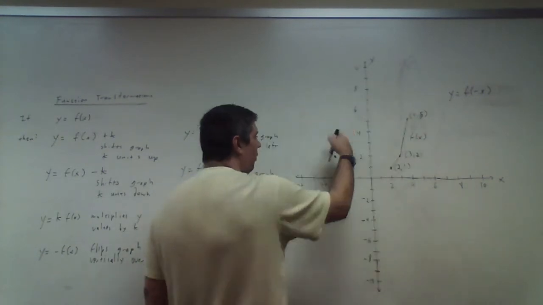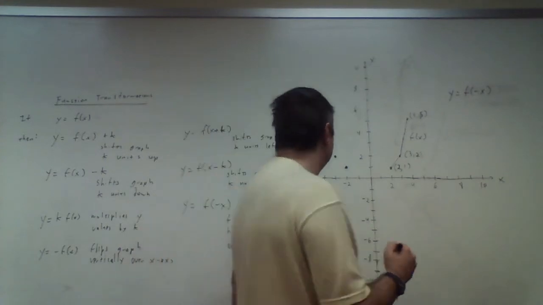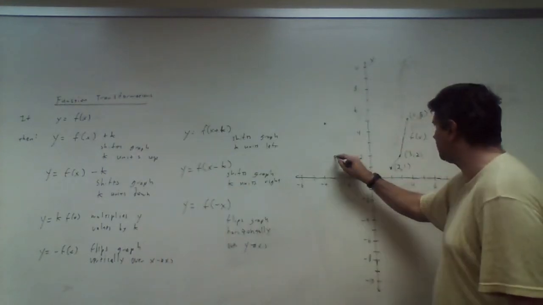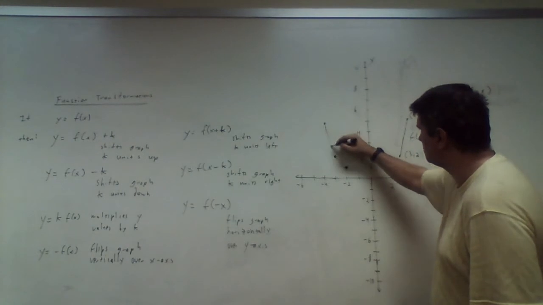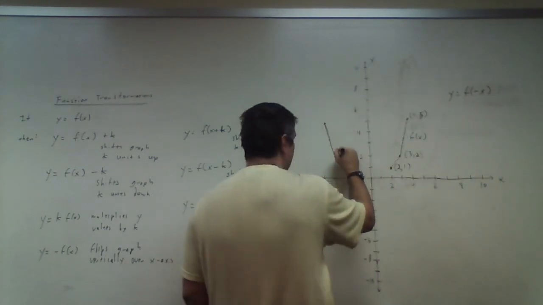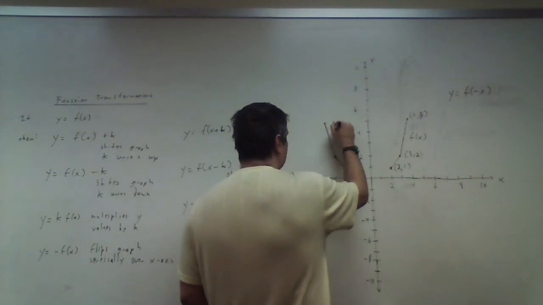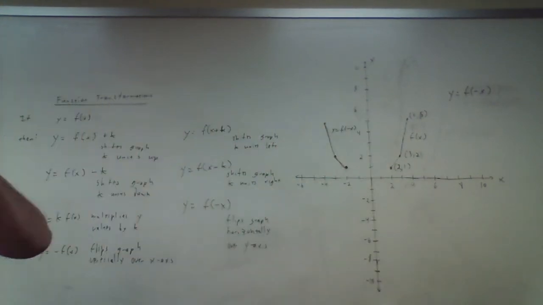And negative 4, 5. Play connect the dots. This is y equals f of negative x.